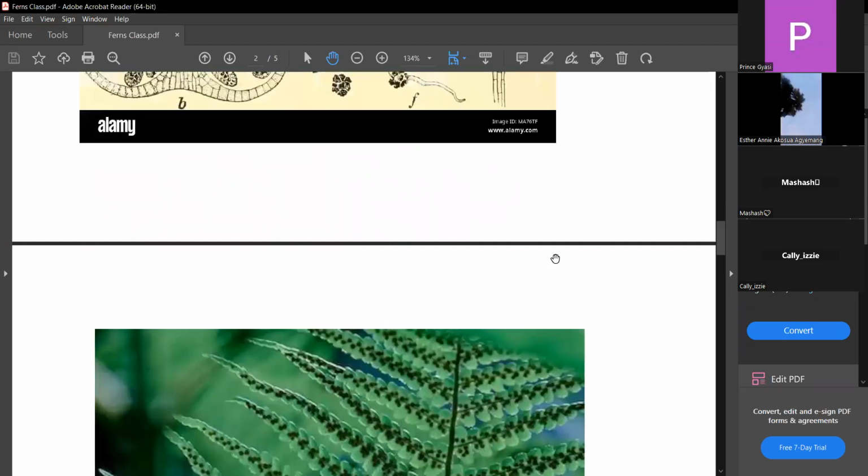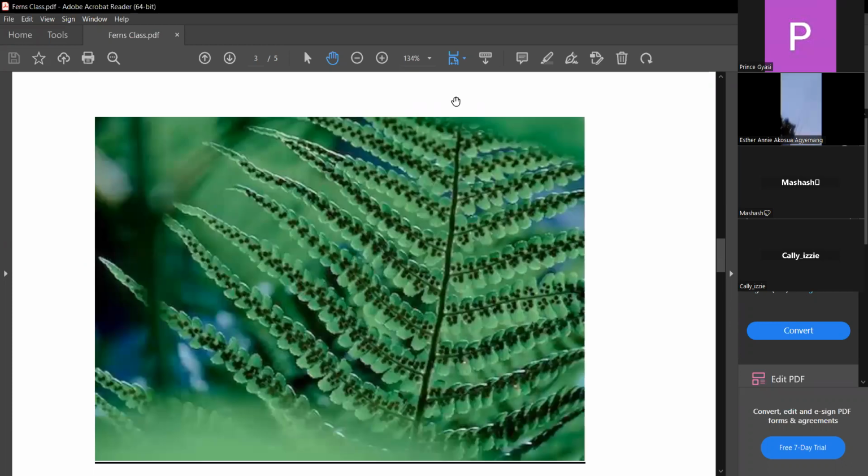So if you take a look at a fern in real life, this is what you see. You can see those dots under the leaflets. What did I say those dots are? Those black dots. What did I say they are? What was their name? Can anybody tell me? Can anybody unmute and tell me what I said those dots are?